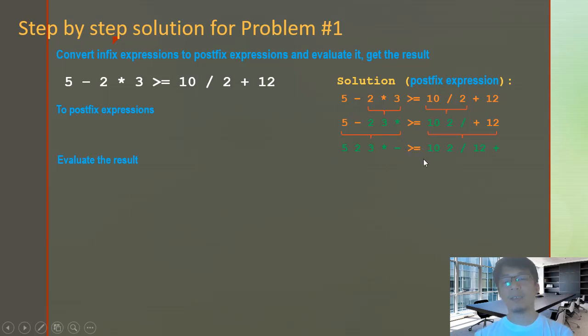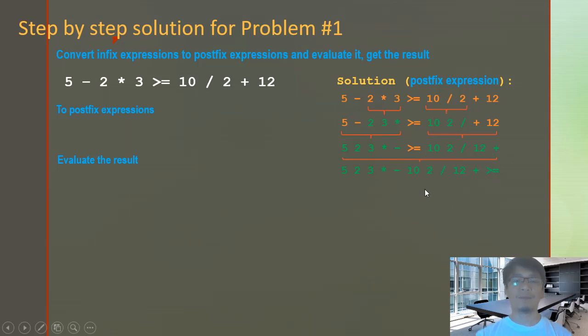As you noticed in our previous discussion on the infix and postfix notations, we move the greater than or equal operator to the rightmost portion if the expression on the right is already evaluated. So we'll be moving this to the right. Our final answer is this one.